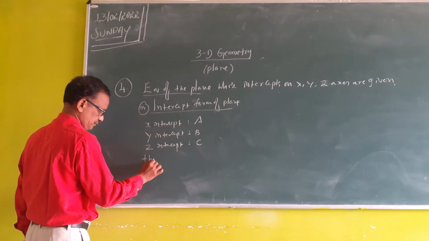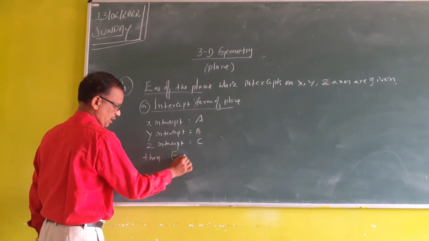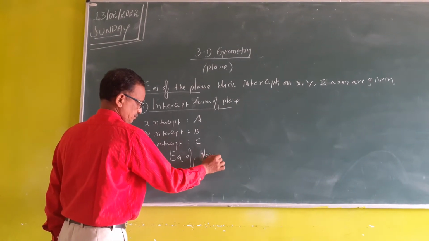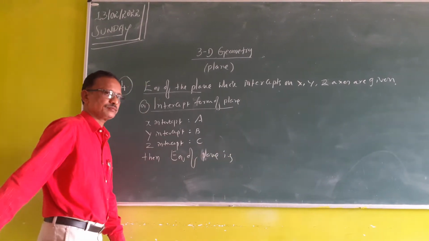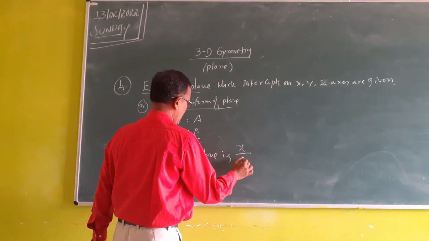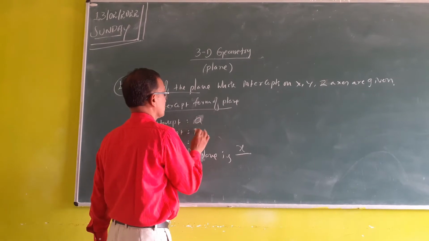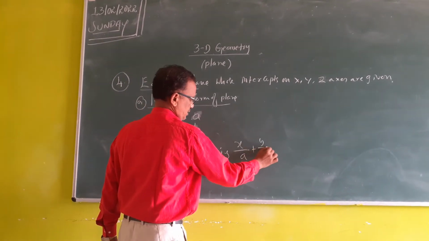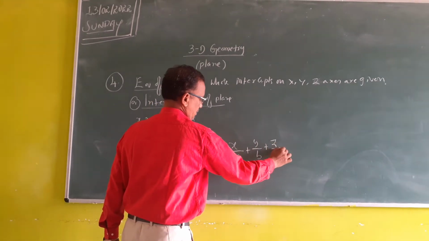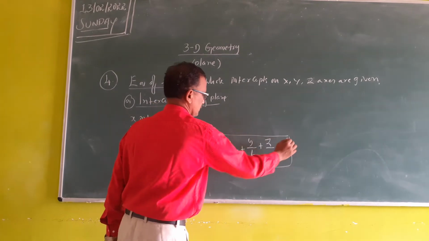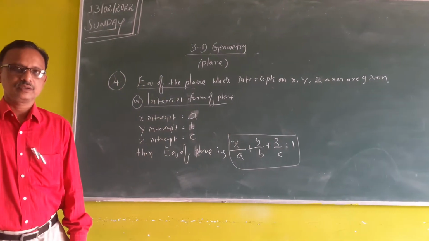Then the equation of the plane is x by a plus y by b plus z by c equal to 1, where a, b, c are the intercepts. This is the intercept form.